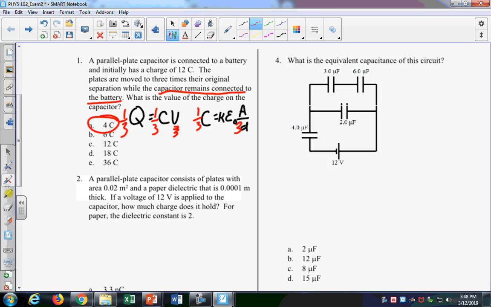When you remove the capacitor from the battery, because the battery is like the lifeblood for that capacitor. It feeds charge into the capacitor. But when you take the battery away, then the capacitor just sitting out there is like a bowl full of candy. It has the charge that it has, and that doesn't change. Now the voltage can change if you change the dimensions of the capacitor.